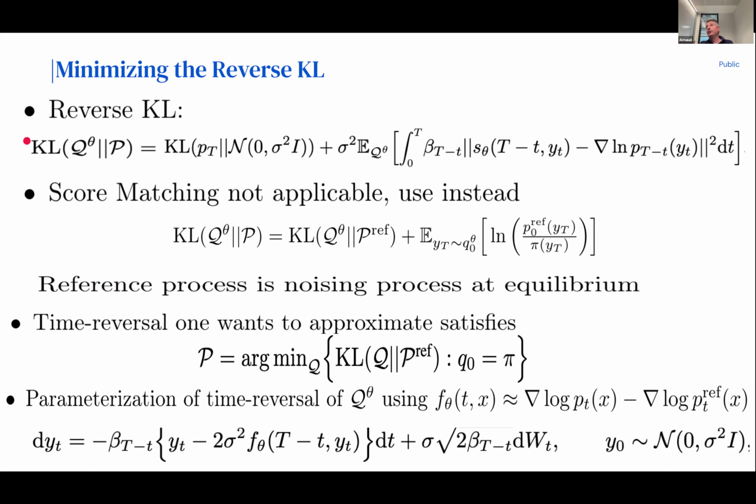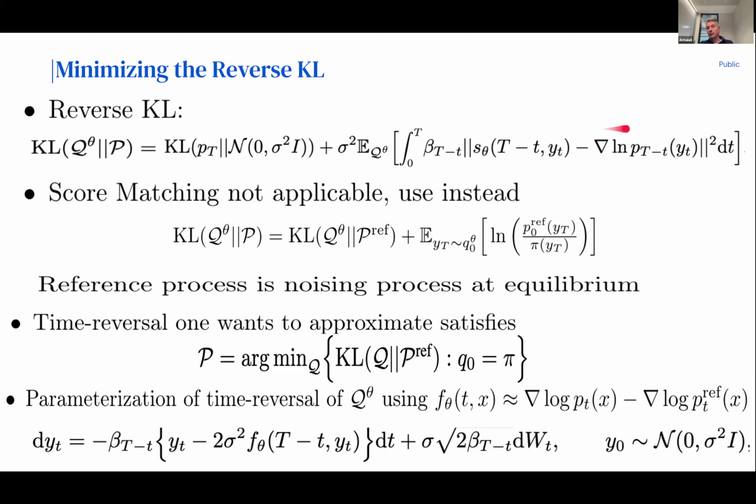Unfortunately, you cannot. Okay, so this is a bit of math. You could try to use this kind of KL here. If you minimize the Kullback-Leibler divergence between the distribution of my approximate time reversal and the true time reversal, it admits this simple expression here. Okay, that's very nice. And if you remember, in the previous part of the talk, I had this intractable term appearing, and I could get rid of it by using a simple trick.